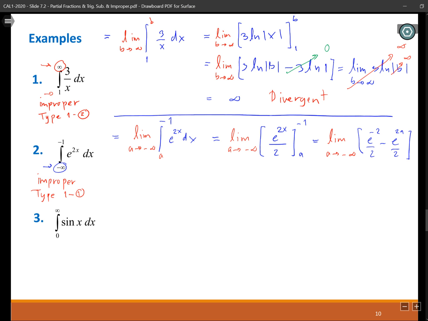The next thing I'm going to do is distribute the limit to each of these terms.